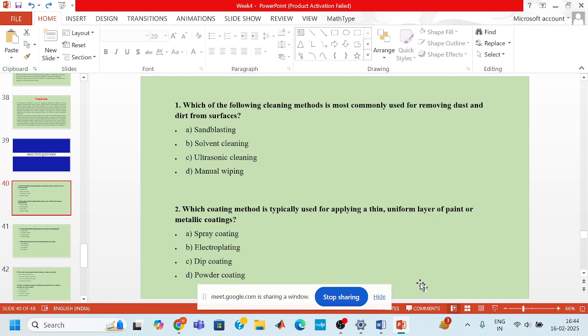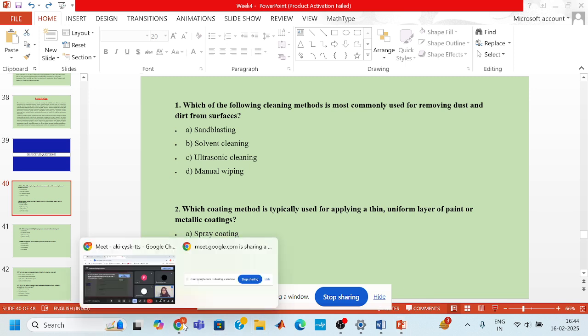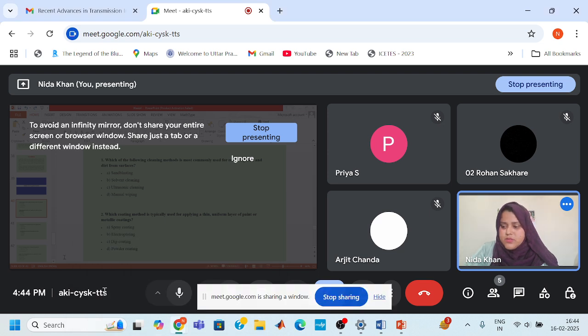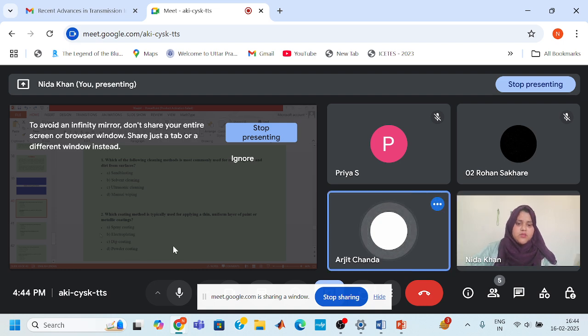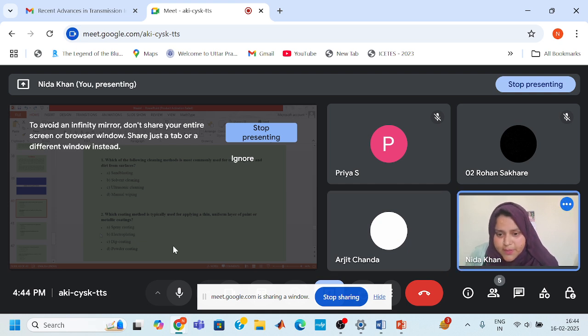Now the next question is which coating method is typically used for applying a thin uniform layer of paint or metallic coatings? First is spray coating, electroplating, dip coating, and powder coating. Dip coating.